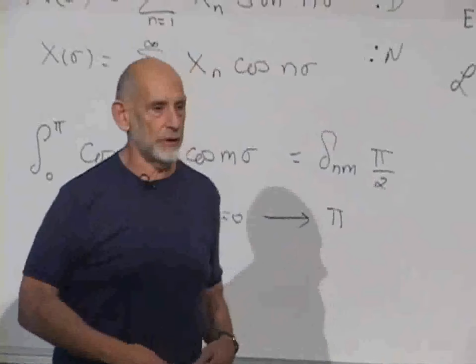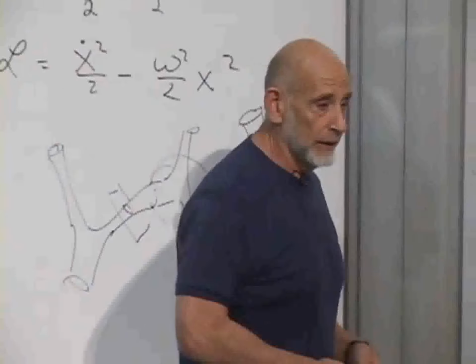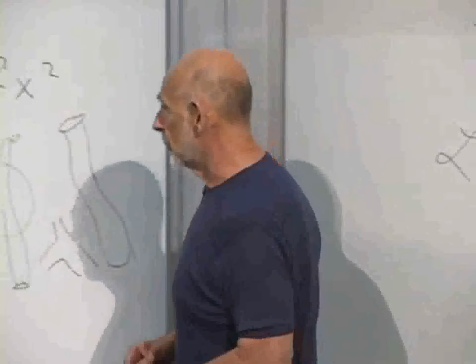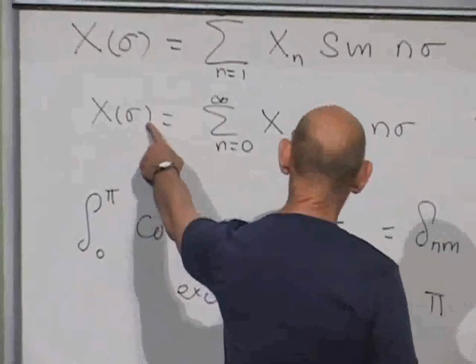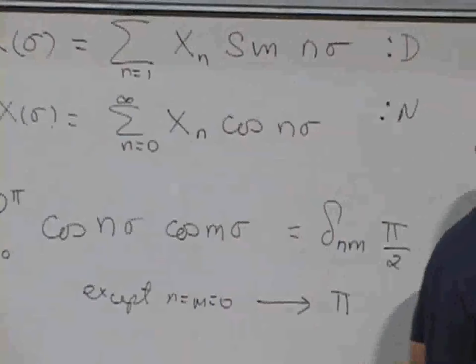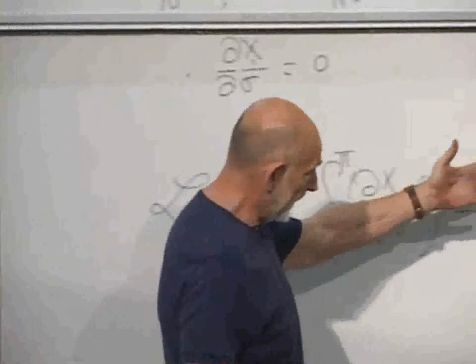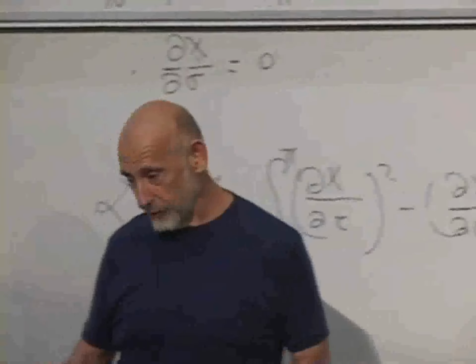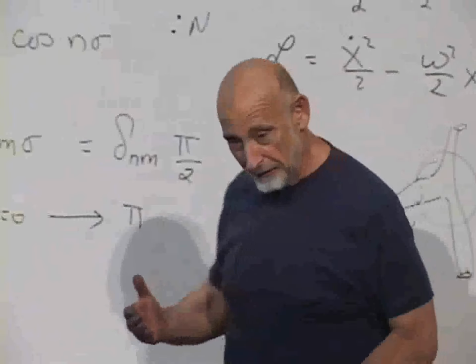Now, what do you do to study this string, and in particular, to study it quantum mechanically? Well, the first thing you do is you write x as a sum over cosines. Remember what x is. X is a function of sigma. So is y. Sigma goes from 0 to pi.